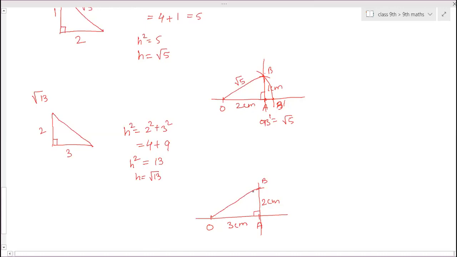This is 90 degree. This OB value is root 13. Take center O, OB as a radius, and draw the arc which cuts the line at B dash. So OB dash is equal to root 13. Okay, so draw these two.